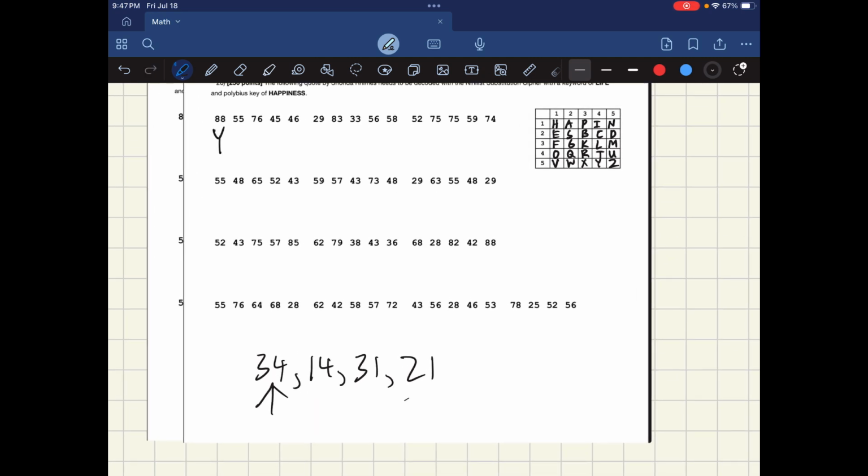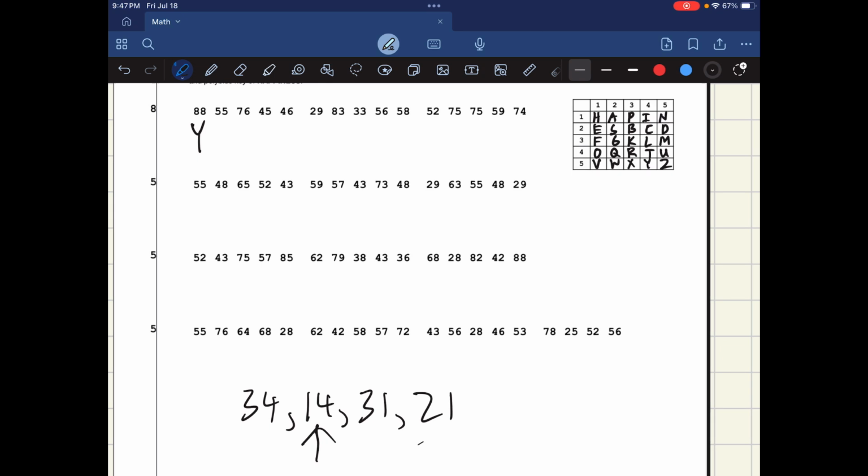Now from here, we shift our left index finger to 14, to keep track of what letter of the keyword we're on. Then we do 55 minus 14, which gives us 41, which on the Polybius square corresponds to an O. Then again, we shift our left index finger to the right, onto 31.